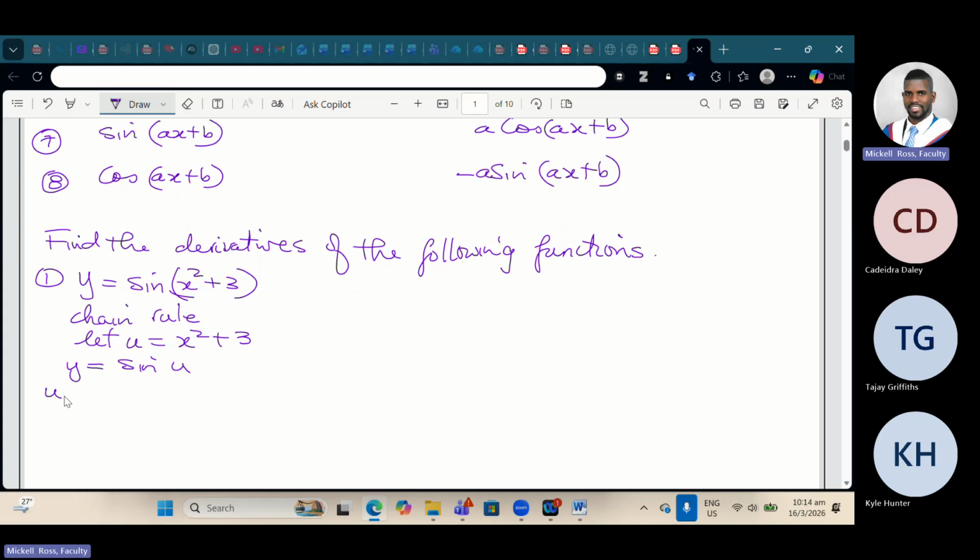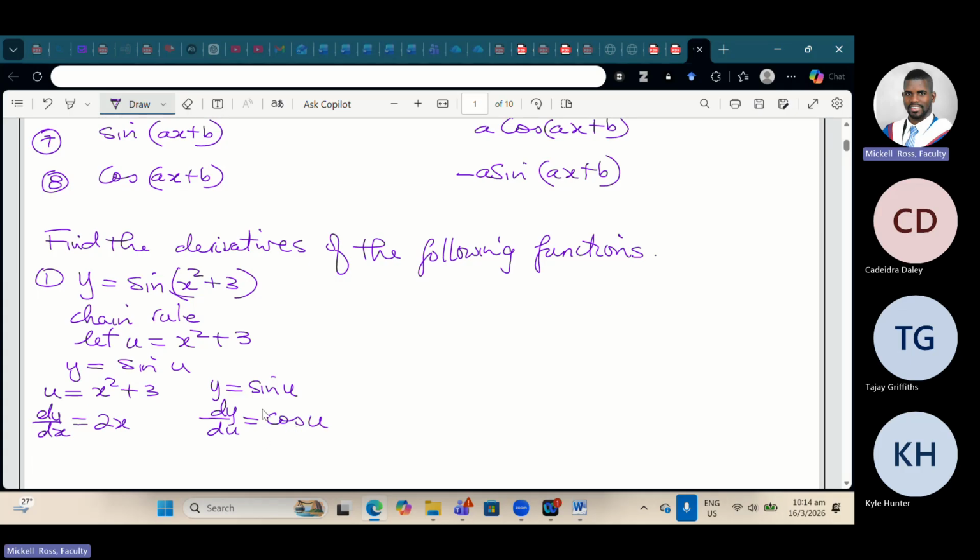We have u is equal to x squared plus 3, and we have y is equal to sine u. So we can find the derivative of u with respect to x, which is going to give us 2x. And we can find the derivative of y with respect to u, which is, when you differentiate sine, you get cos of u.